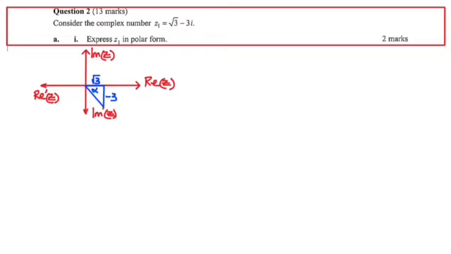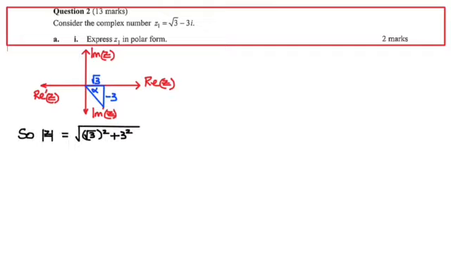Okay, we've got to work out what alpha is, that little angle in here. The angle whose tan is 3 over root 3 is going to be the same as the angle whose tan is root 3 over 1, which will be pi over 3. So it looks like we're dealing with an argument of minus pi over 3 because we're going this way. Yeah, that's pretty straightforward.